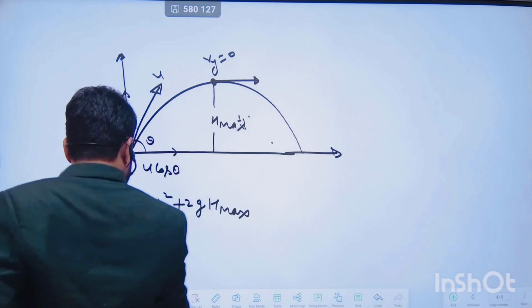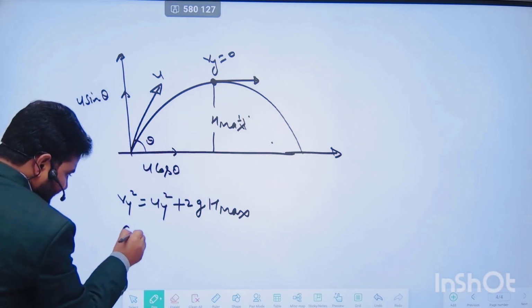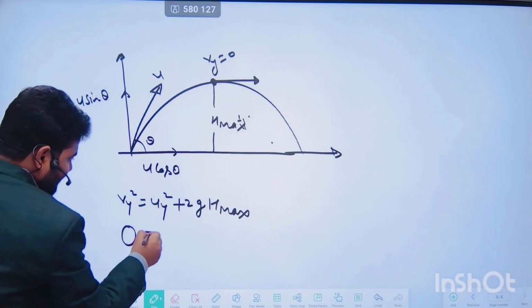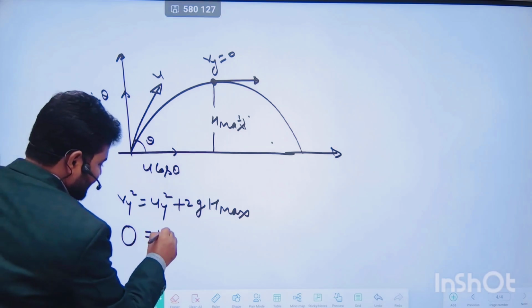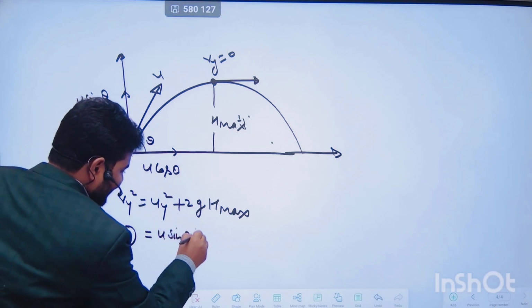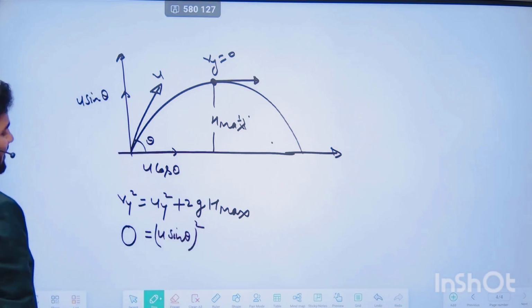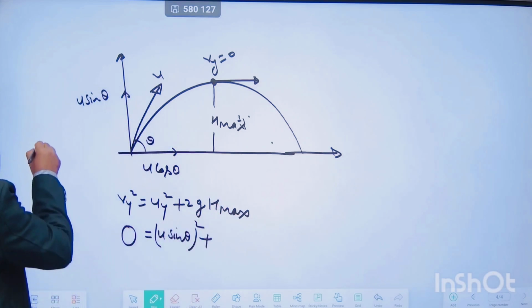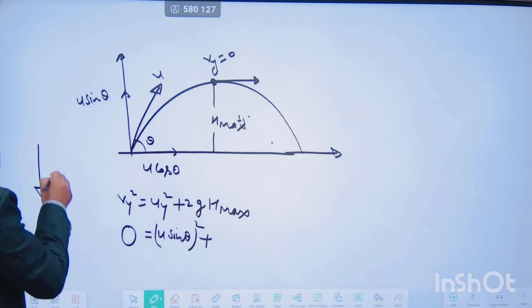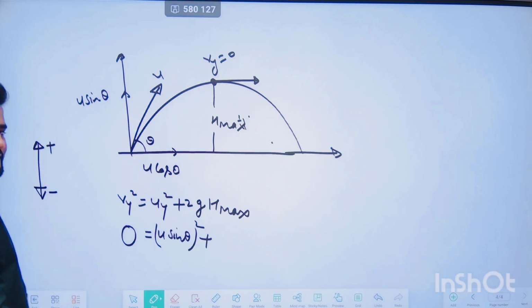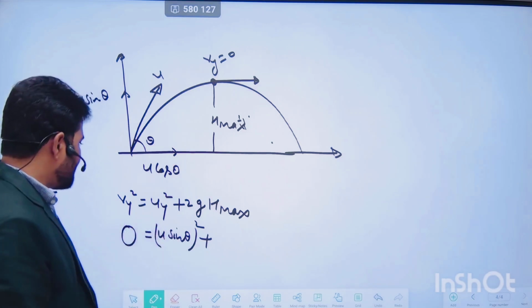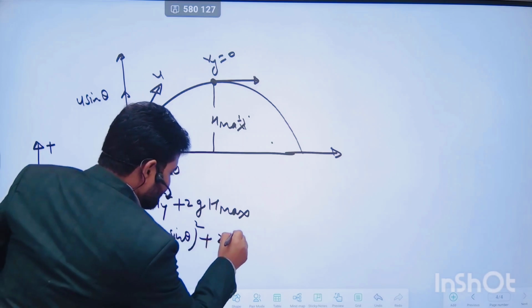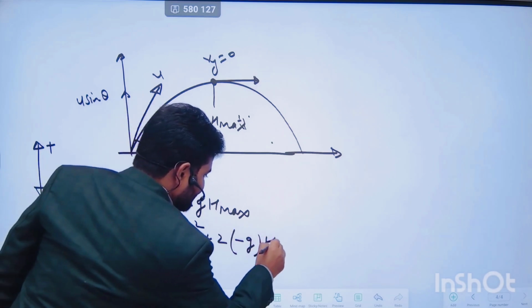So from this we can conclude that here we are putting 0, and Uy is u sine theta, so (u sine theta) square. And here again we are going to take the sign convention. In downward direction this is negative, and in upward direction this is positive. So here 2 and minus of g and h max.